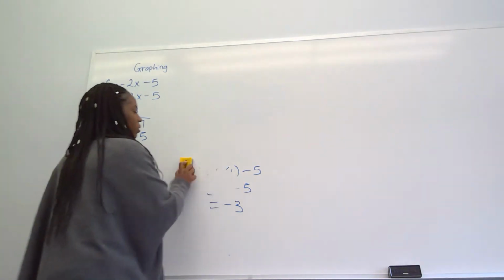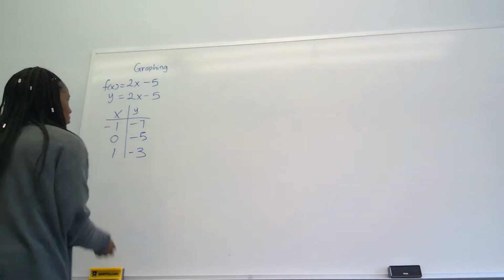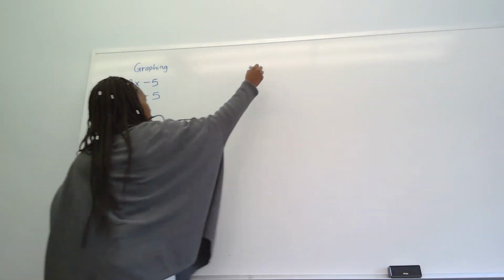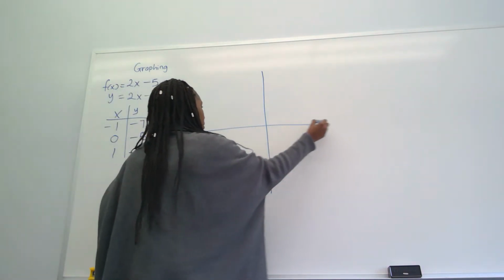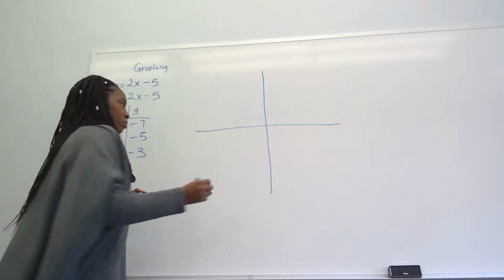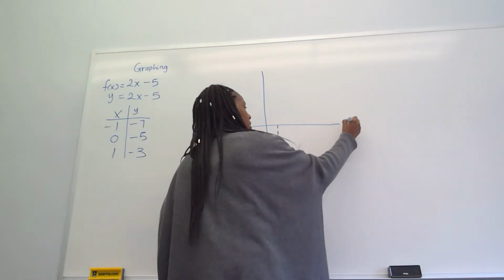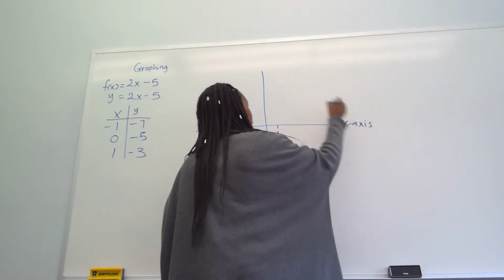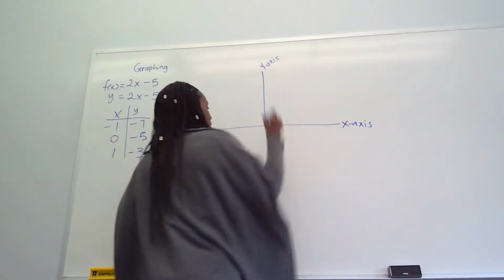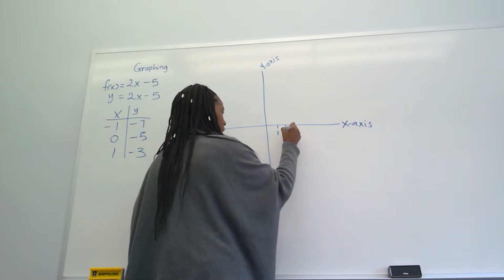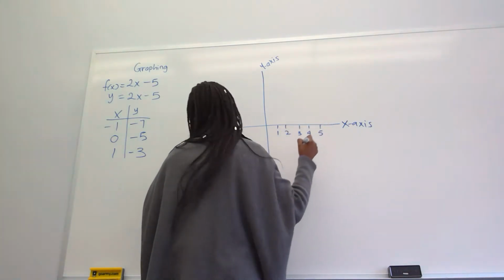So here, the graph. And we're going to label it: this is our x-axis, and this is our y-axis. So this is the positive side of our x, 1, 2, 3, 4, 5.